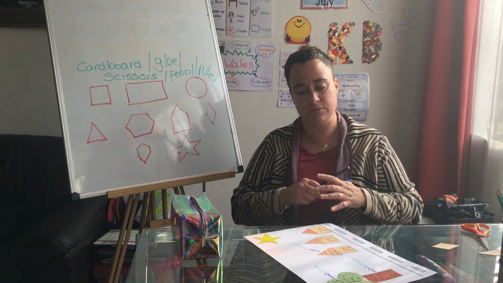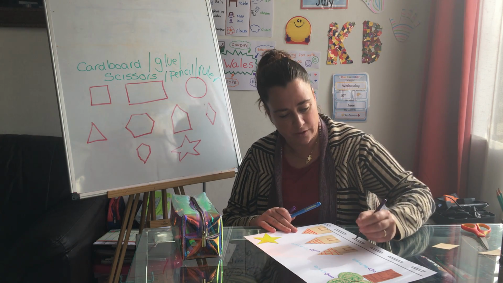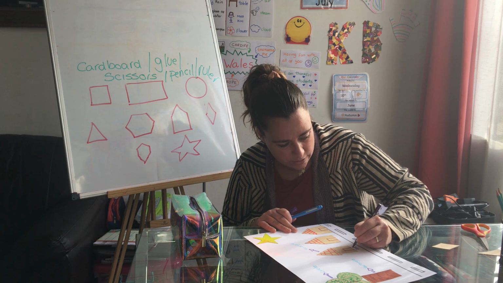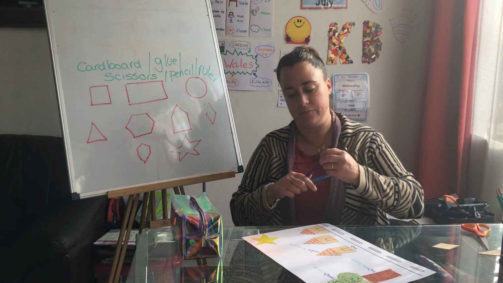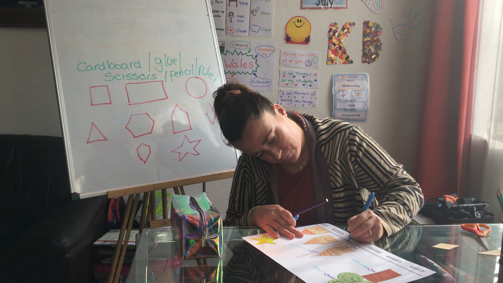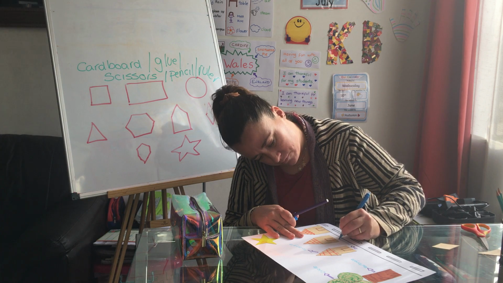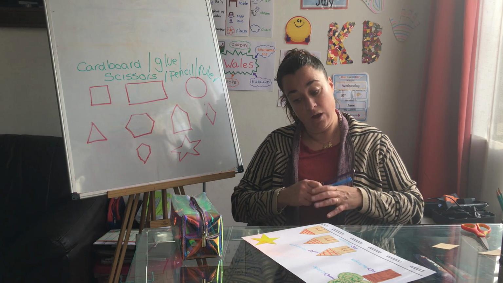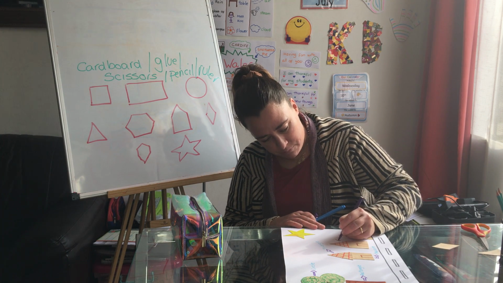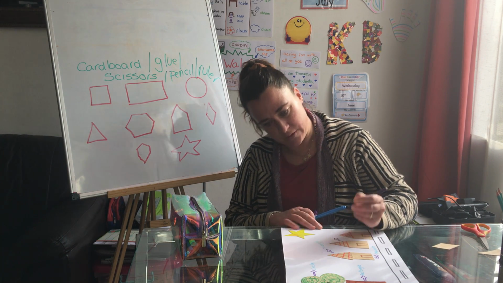Okay, I don't need you to repeat 20 times the same name. Then down here, I've got my square. So I'm going to write square. Okay. Oh, then I was forgetting about my pentagon. My beautiful pentagon.